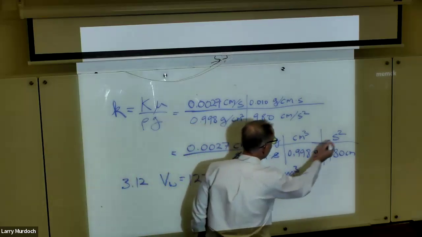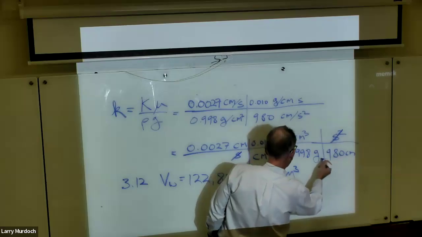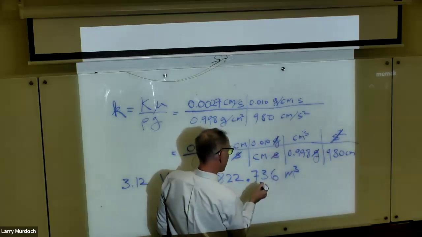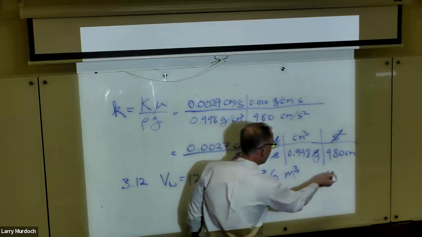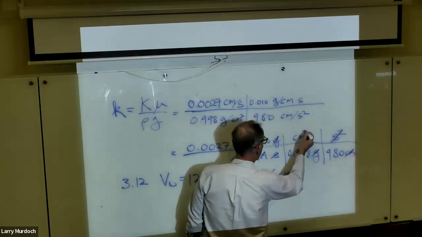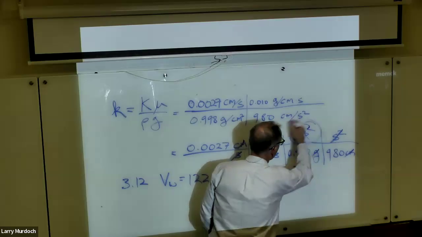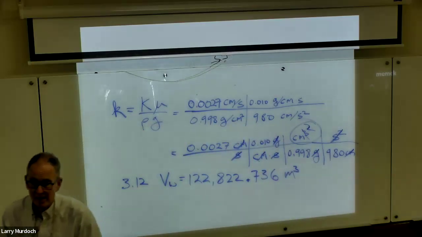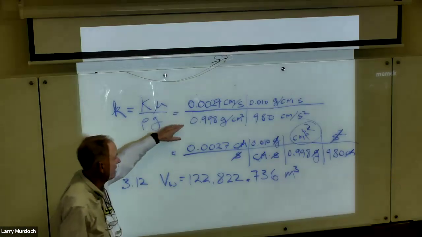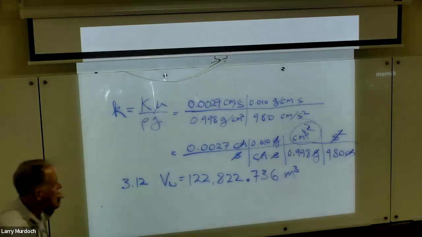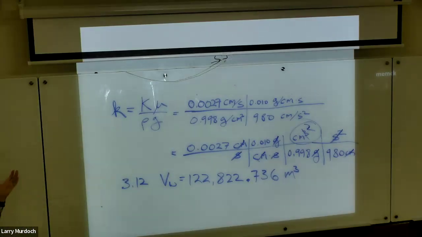The 2 seconds cancel here, the grams and the grams, the centimeter, the centimeter, the centimeter squared. So this works out more reliably. Not to say this doesn't work, for sure it does. But there are just fewer chances of there being a mistake.